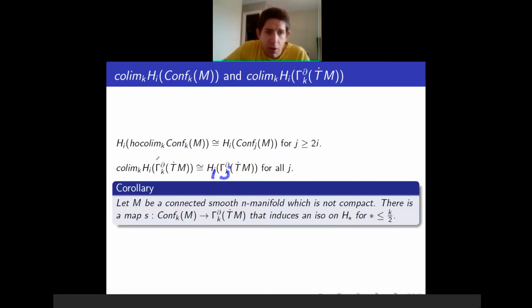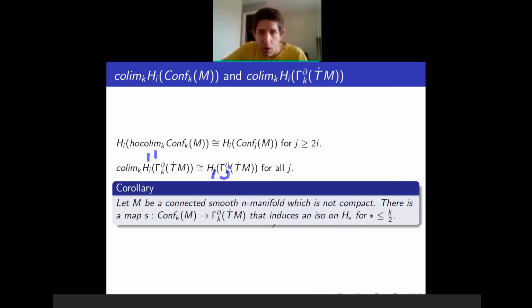And then the homology of the homotopy colimit on the section space side is just the homology of any of the section spaces, because all the maps are isomorphisms. So knowing that these two things are the same, and knowing homological stability, tells you that the ith homology of the configuration space of j points agrees with that of the section space once you have enough points.